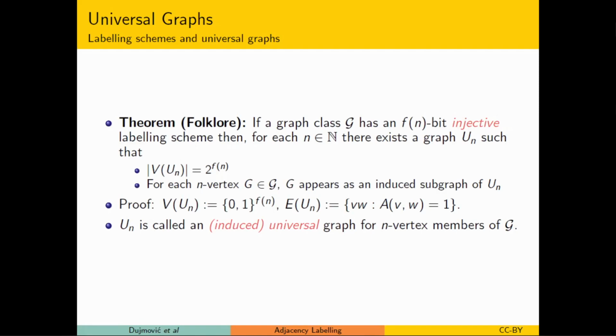I just will point out, though, that this is an example where I think the computer science adjacency labeling perspective is much more useful, because I would have no idea how to approach this problem if it was stated this way.